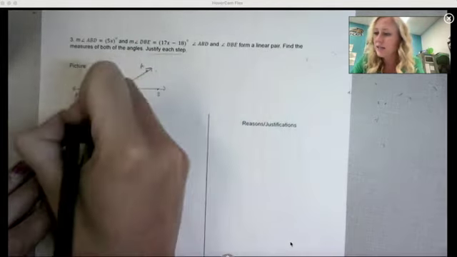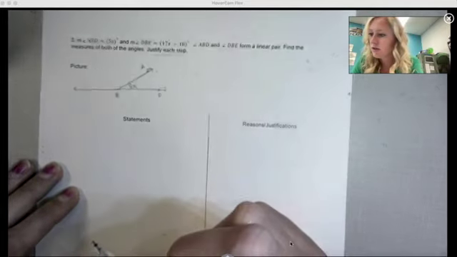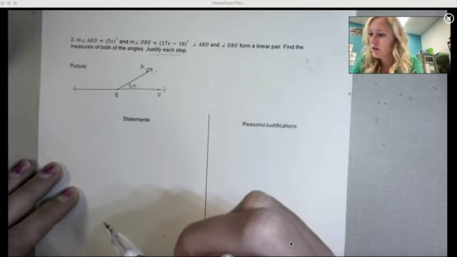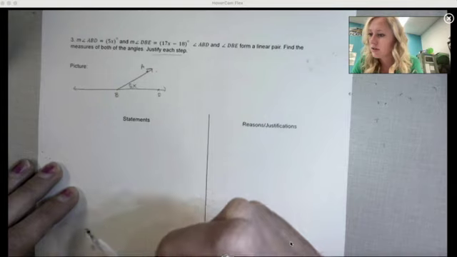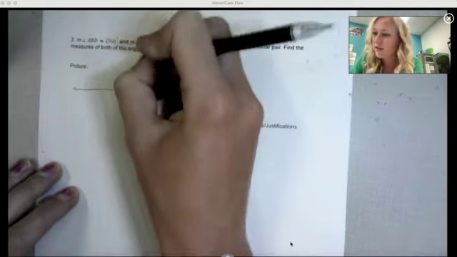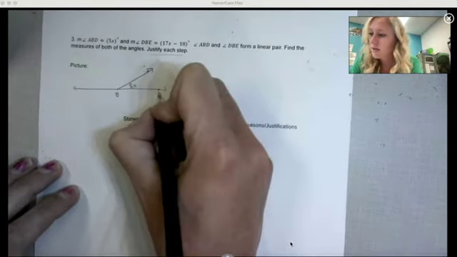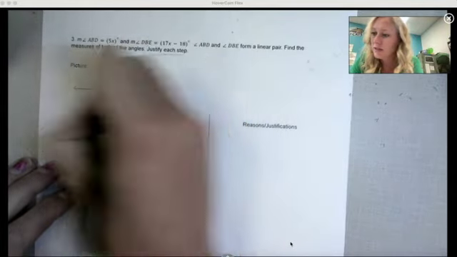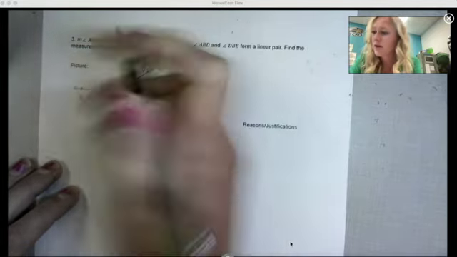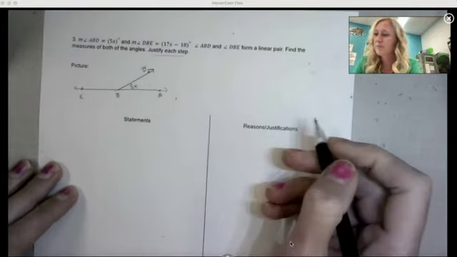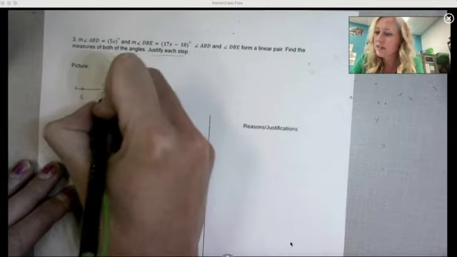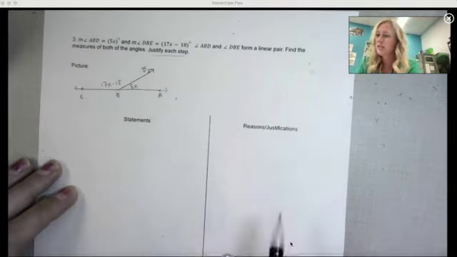And DBE, sorry, I have to make this one D to make that work. So here's ABD and then DBE. There we go. They form a linear pair, and DBE is 17x minus 18.